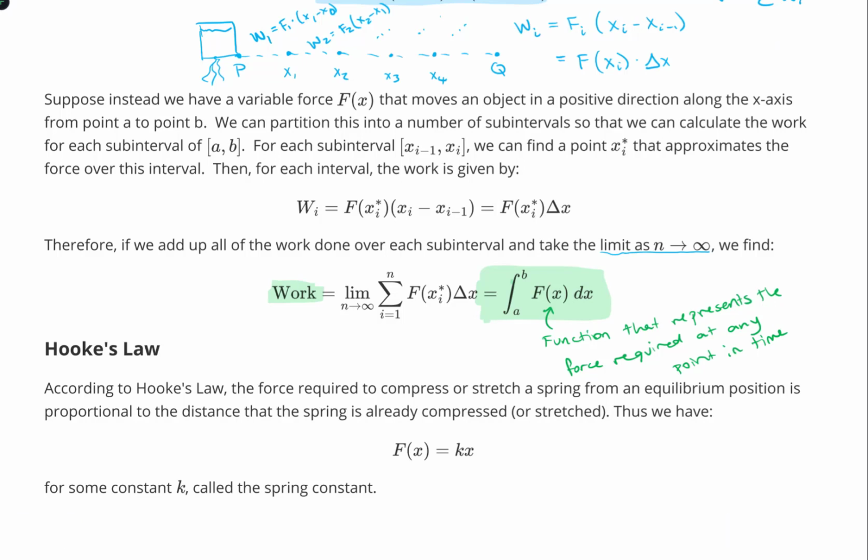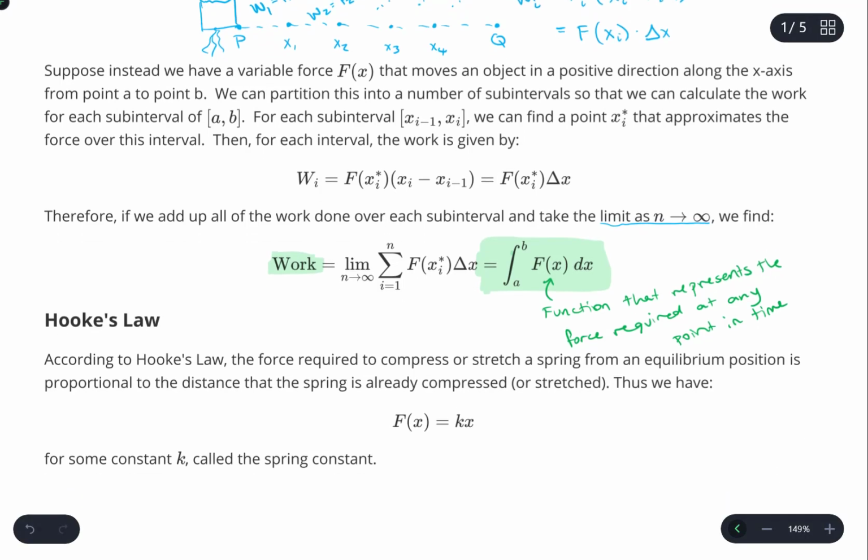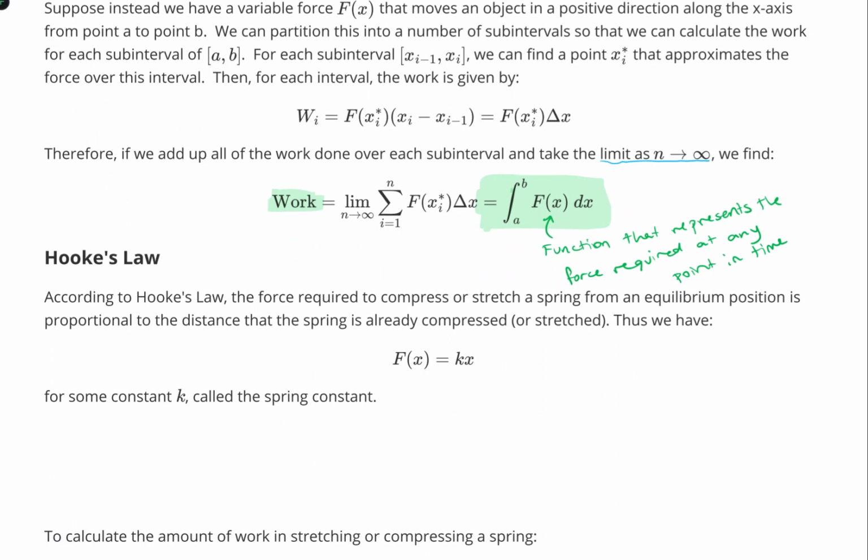Okay, let's take a look at some examples. One example that's pretty common to use this for is Hooke's law. Hooke's law deals with springs and how much force is required to stretch or compress a spring. It states that the force required to compress or stretch a spring from equilibrium is proportional to the distance that the spring is already compressed or stretched.